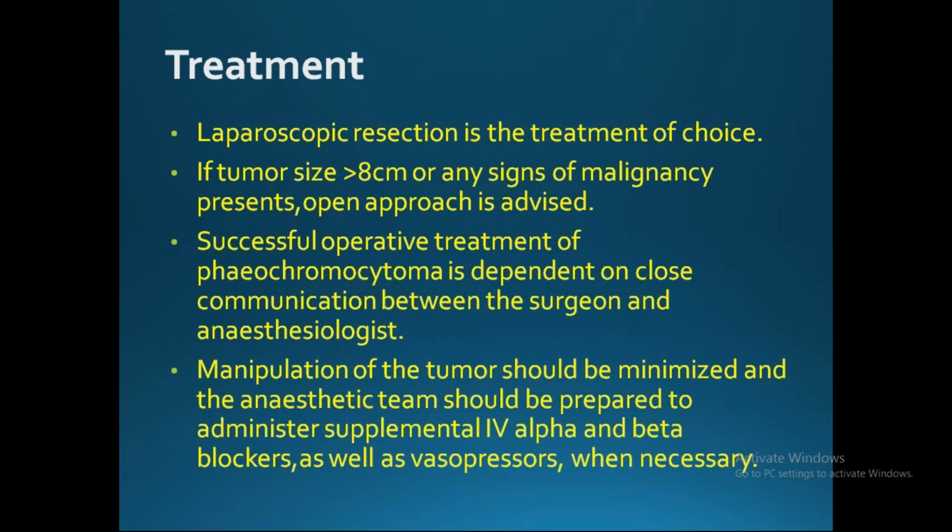As of now, laparoscopic surgery is the treatment of choice for any kind of surgery. If the tumor is more than 8 centimeters, better go for an open approach, either a retroperitoneal approach or an intra-abdominal approach. For retroperitoneal you give an incision over the back, for intra-abdominal you give a midline incision.